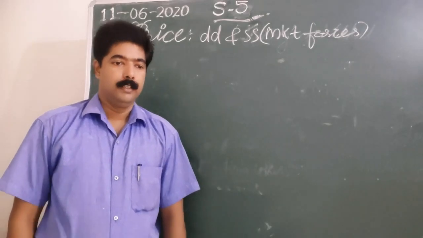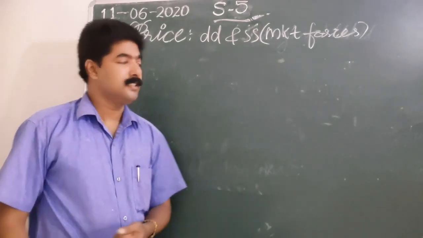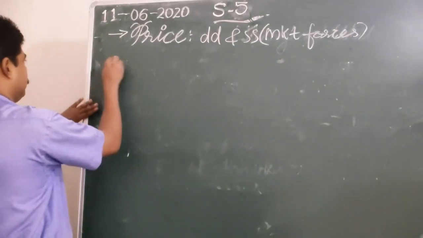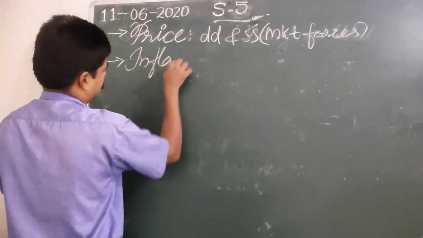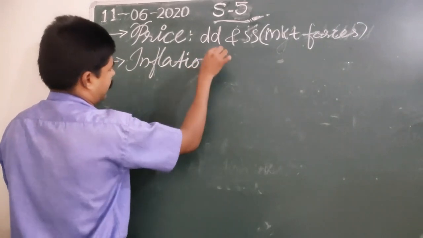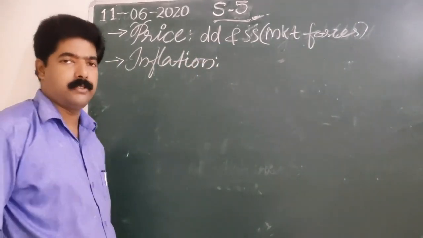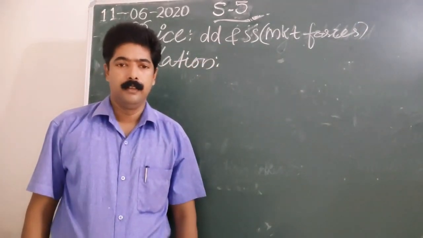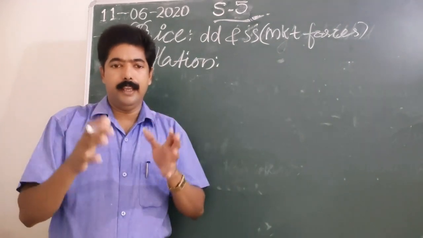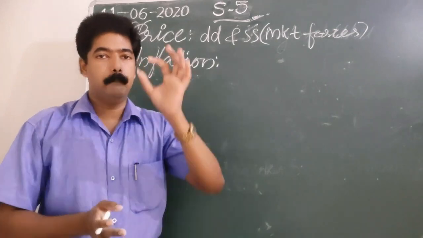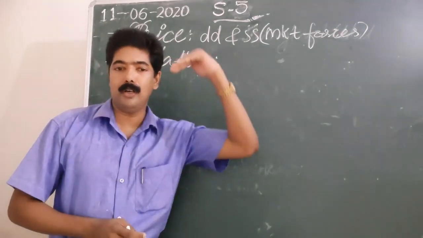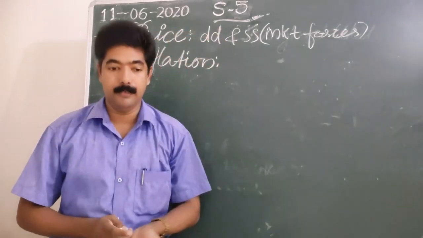Clear? Okay. Now we will see another term, that is inflation. What is meant by inflation? Inflation is generally defined as the process of persistent and appreciable rise in the general price level.